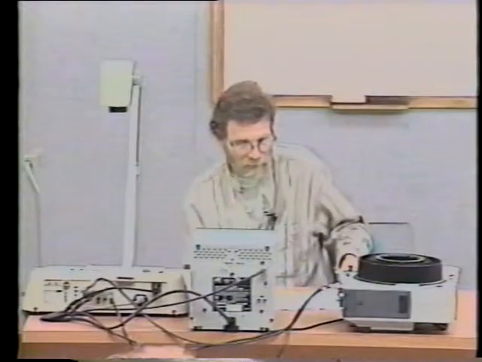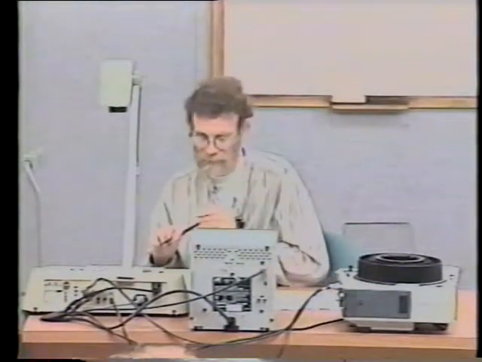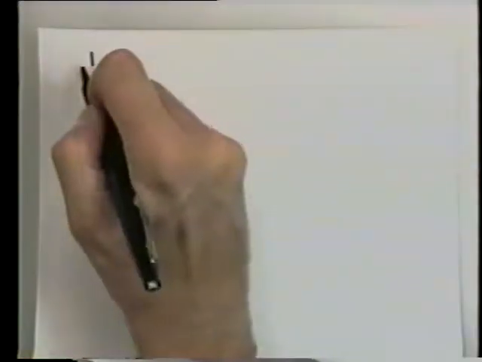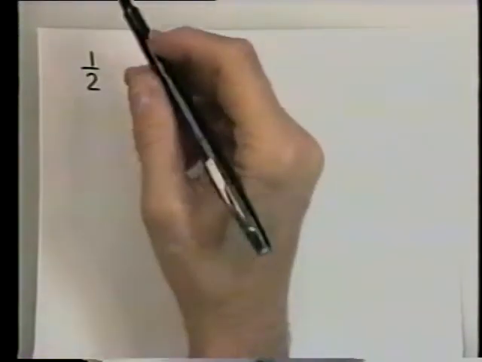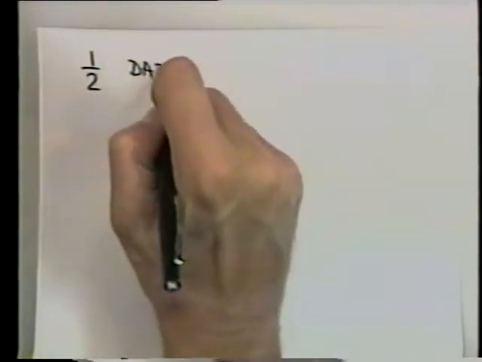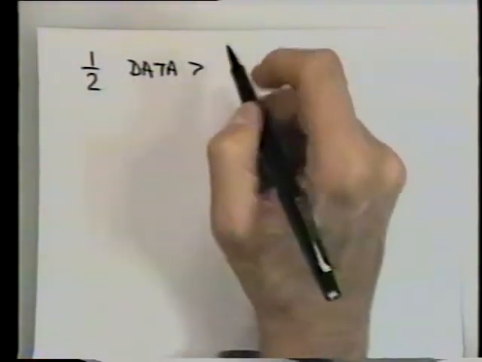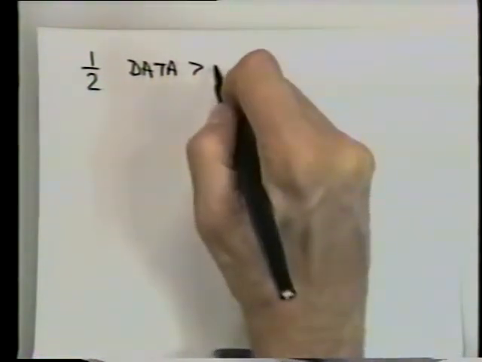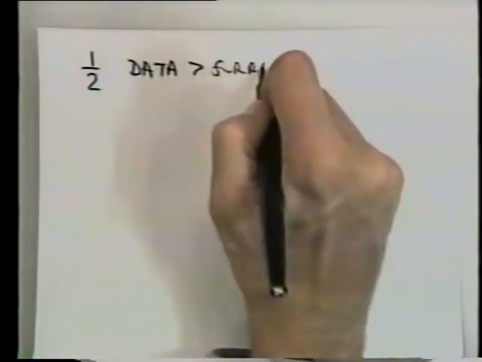A couple of people, more than one, tried to do this problem in another interesting way, which is not what I had in mind. What I really had in mind is this half, which is sometimes called a knife edge test, I think, because we're seeing whether the data at any one value is greater than or less than, in this case, the surrogate.